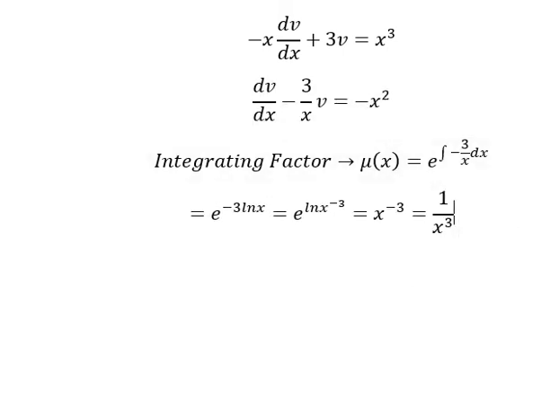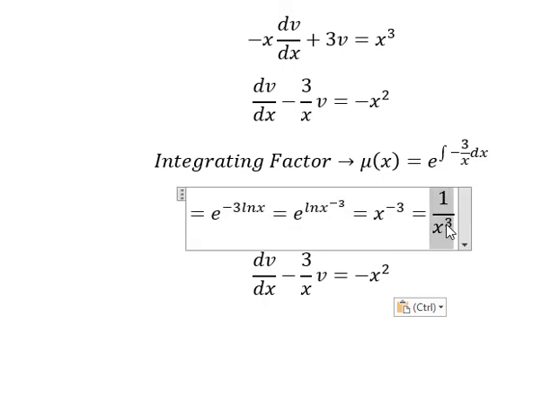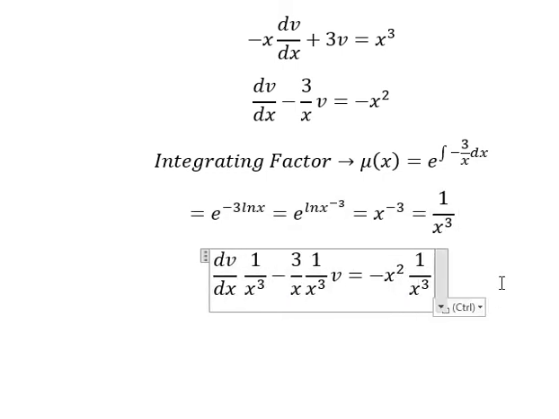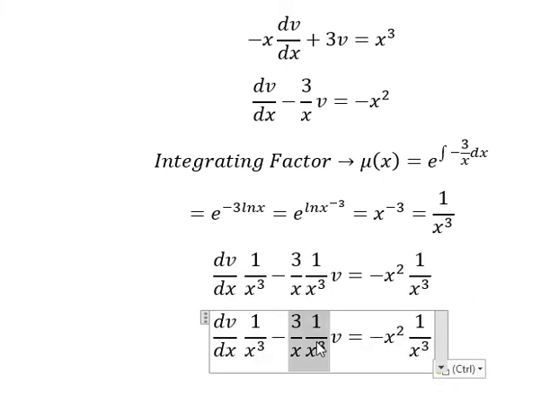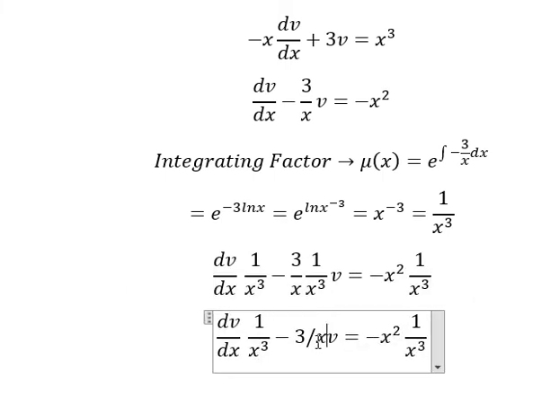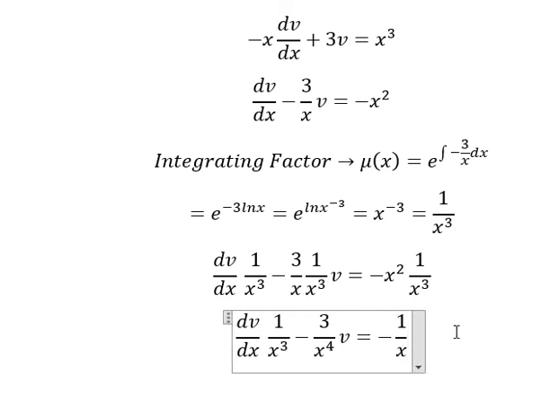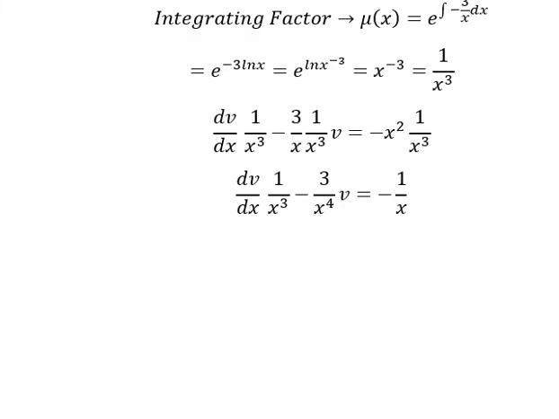That means we multiply both sides by this one. So this one we have 3 over x to the power of 4, and this one we have 1 over x. Next, we put the integration on both sides.